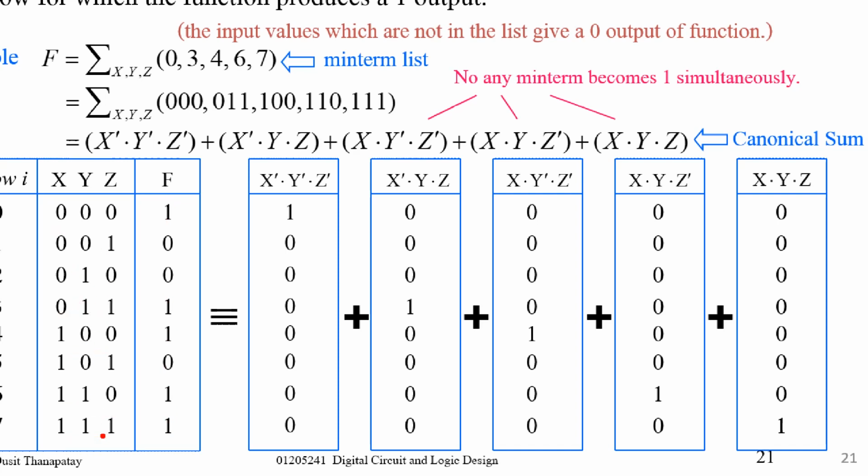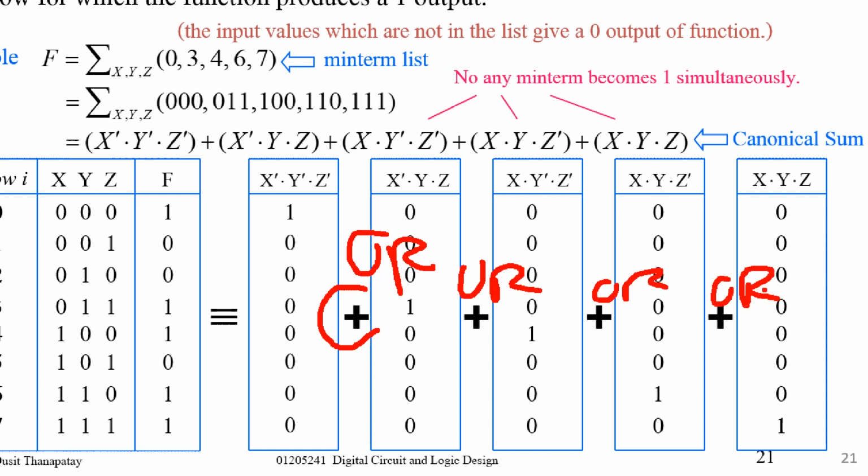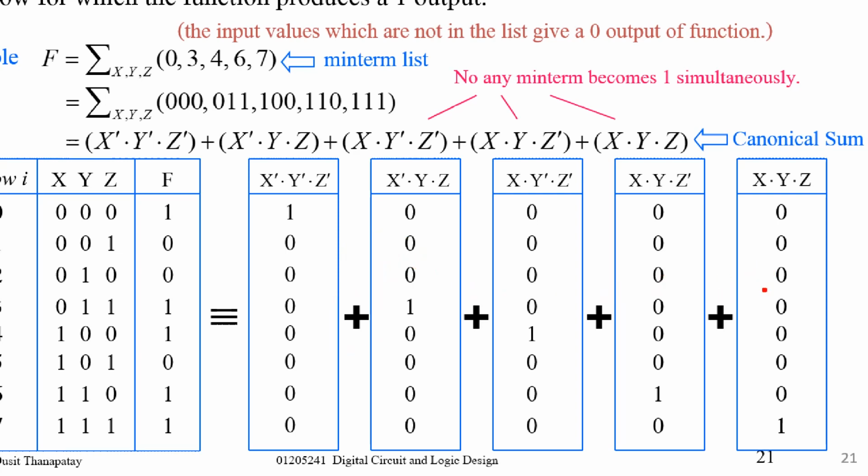As shown in this truth table, after that you just add all of these min terms, the sum of them together. The result will be the complete function.